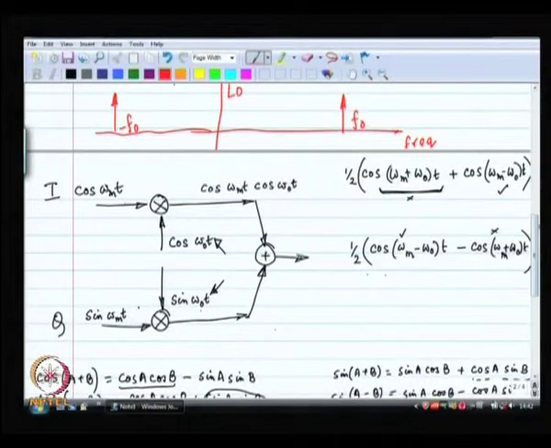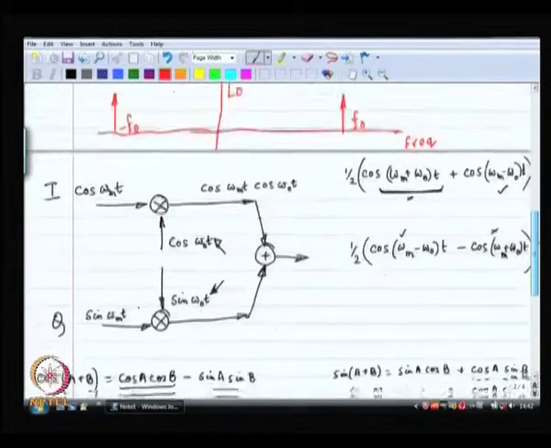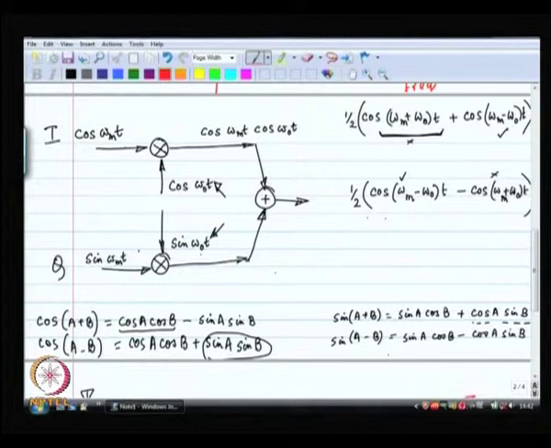As far as your transmit path is concerned, the desired output is over here, an impulse at omega 0 minus omega m, right. If you do a bad job as far as the quadrature path is concerned, then you are going to get an image of this at omega naught plus omega m.